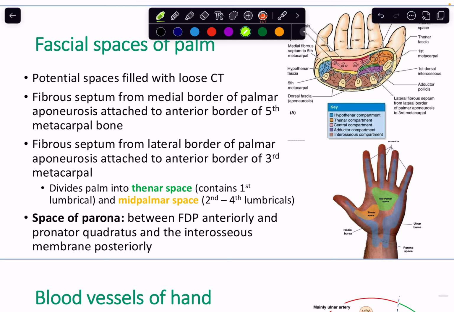One attached here, second one here, third one here, fourth one here. This and this have no attachment for the interossei because they are attached with separate muscles, abductor pollicis brevis and longus, and for digiti minimi, again on the dorsal side, abductor digiti minimi.